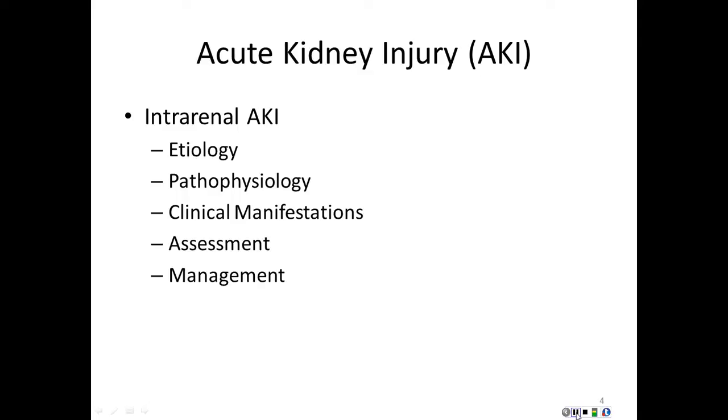Clinical manifestations: intrarenal AKI usually occurs with damage to the glomerular, interstitial tissues, and tubules. These manifestations are related to the retention of fluid and nitrogenous wastes in the body. These include oliguria, a decrease in urine output, or anuria, an absence of urine output, edema, hypertension, tachycardia, shortness of breath, distended neck veins, elevated CVP, central venous pressure, weight gain.